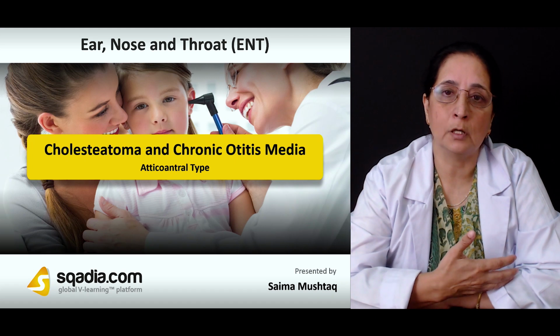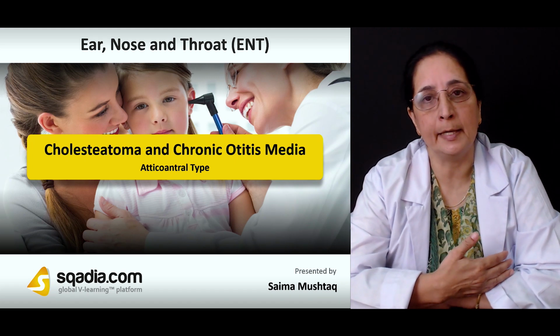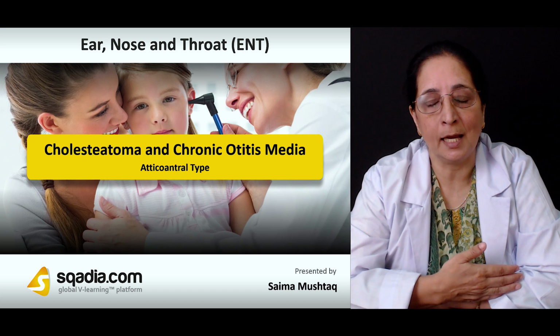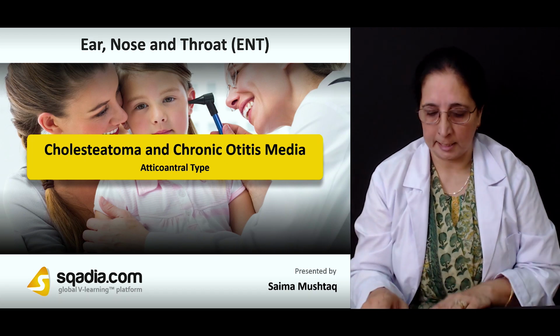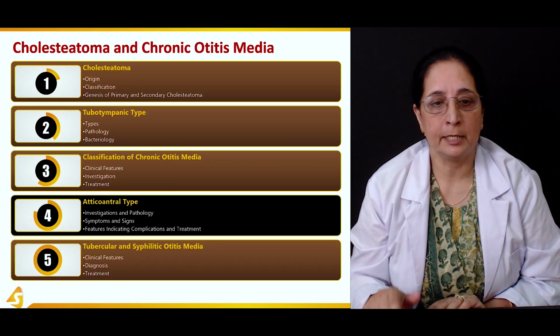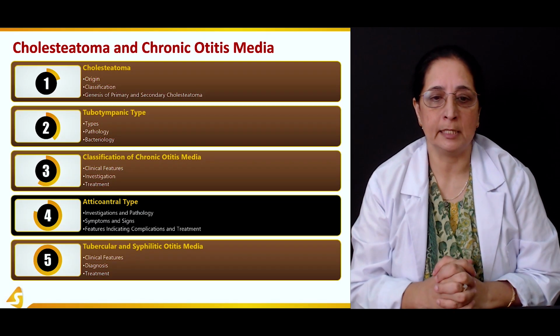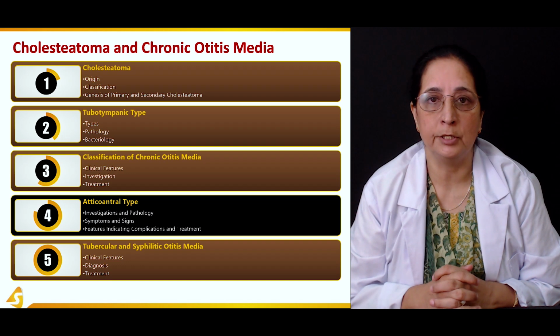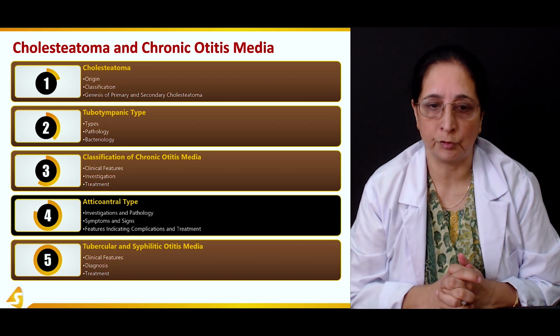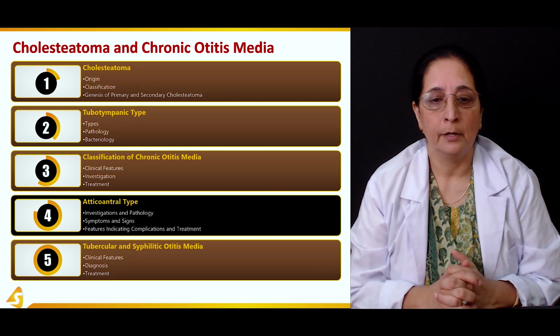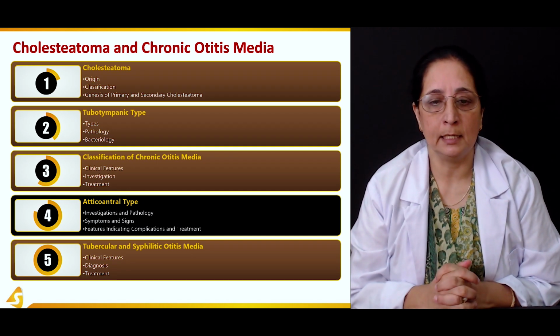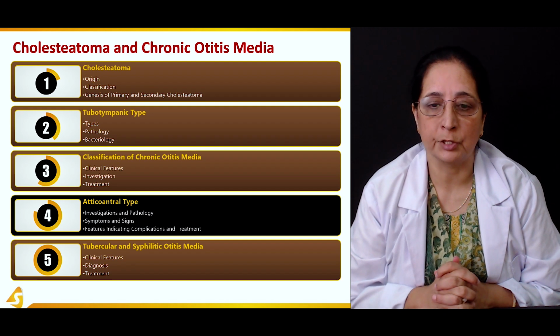We already talked about the tubotympanic type, which is a benign and little safer type of chronic otitis media. In this section, we will talk about the investigations and pathology of Atticoantral type, the symptoms and signs, features indicating complications, and treatment.